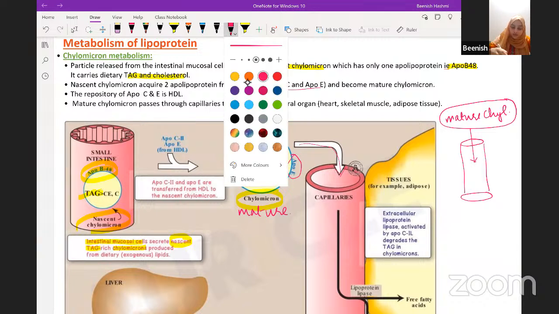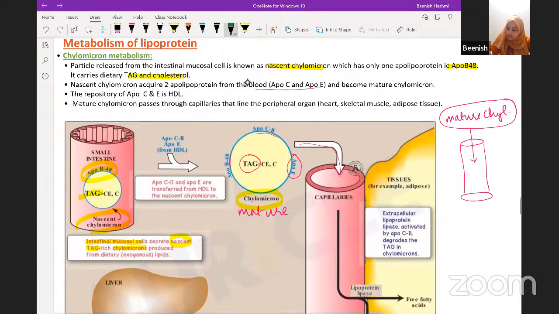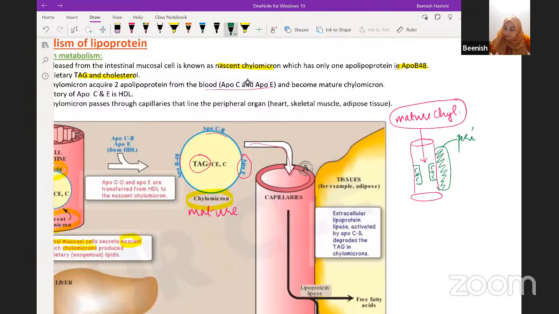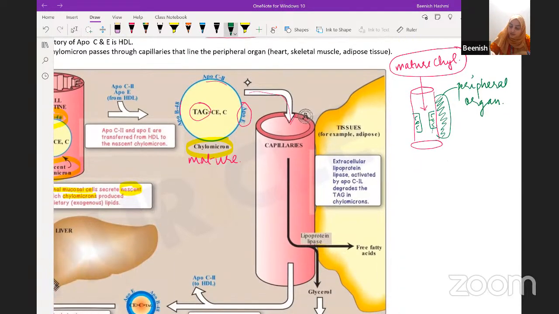And in the capillary, what is present is lipoprotein lipase. Lipoprotein lipase is present in the vascular endothelium of capillaries lining peripheral organs.